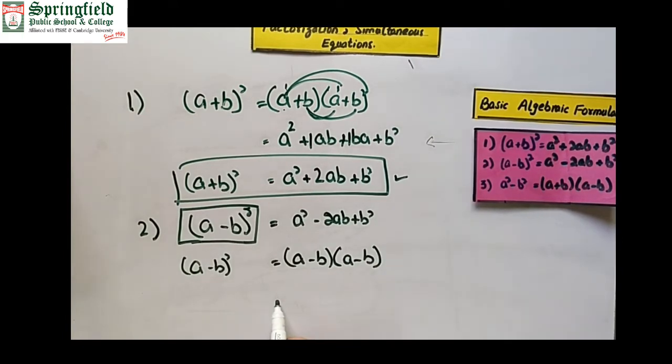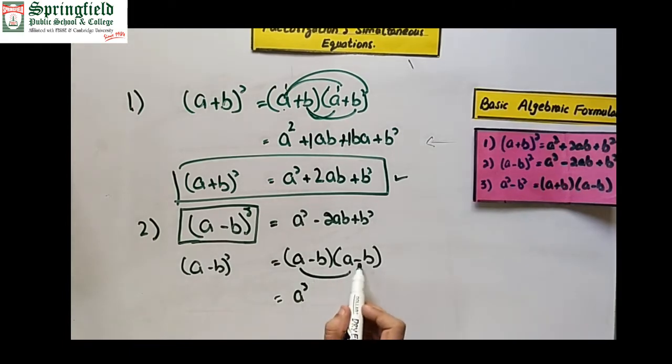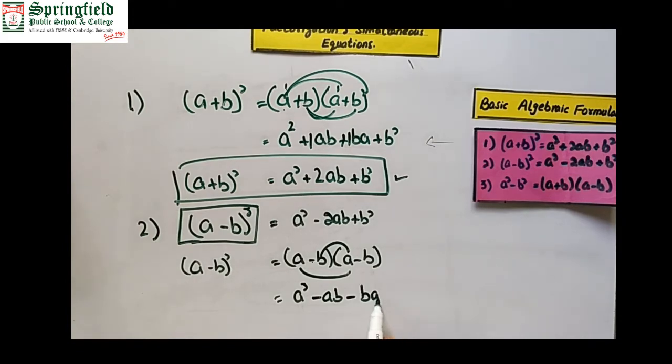So what will be the answer? a will multiply with a first, so it will become a square minus ab. Minus sign, then take the b. b will multiply with a, ba, and then b will multiply with b. So minus will become plus b square.